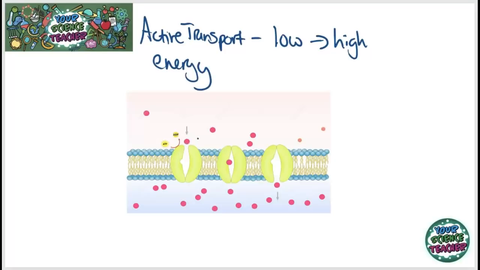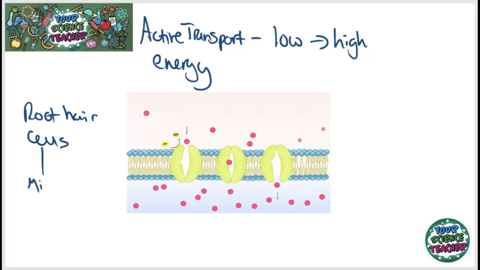Now, because it requires energy, cells only do this for really important things that it really wants. For example, active transport happens in root hair cells in order to get some key minerals that the plant needs in order to grow. Now, root hair cells have adaptations in order to make sure that they can carry out active transport.